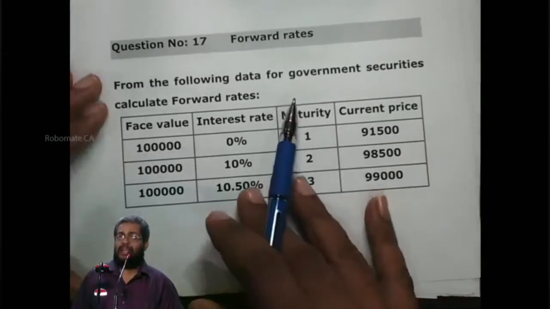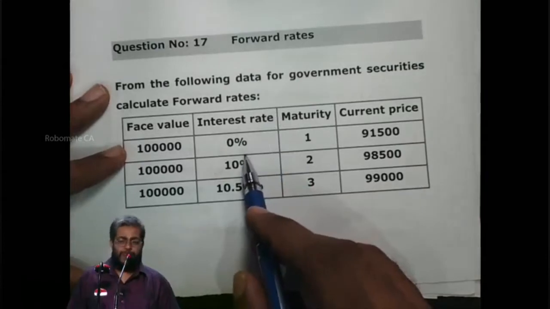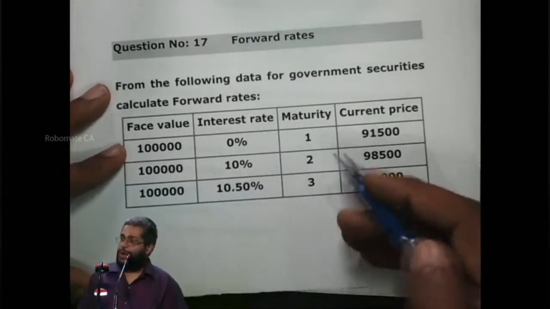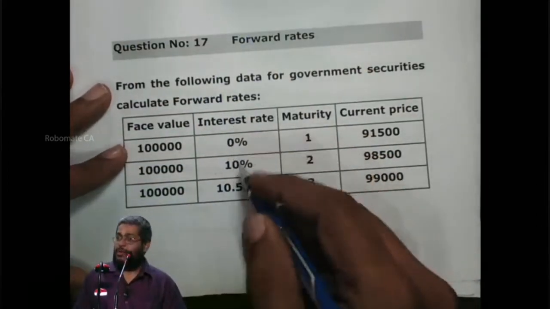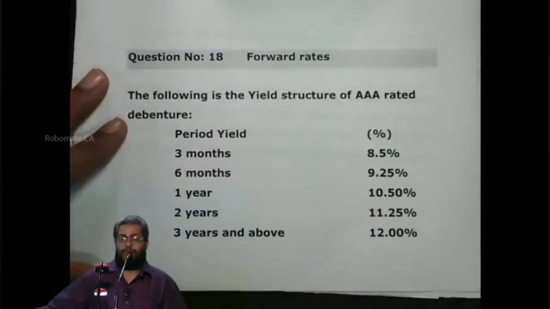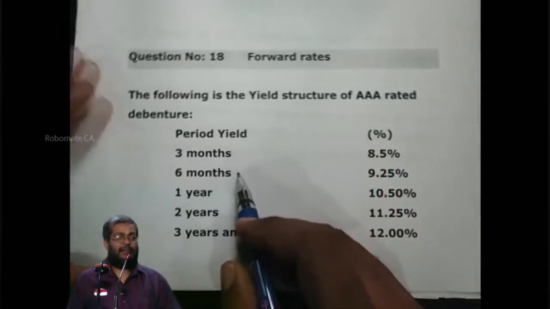In the previous sum, they gave you coupons. From coupon, one can find out YTM. There is nothing great about it. Then we found out the YTM and did the problem. Right or not? But in this sum, they did not give you coupons. They gave you YTM. We don't have the coupon data here. Right or not?